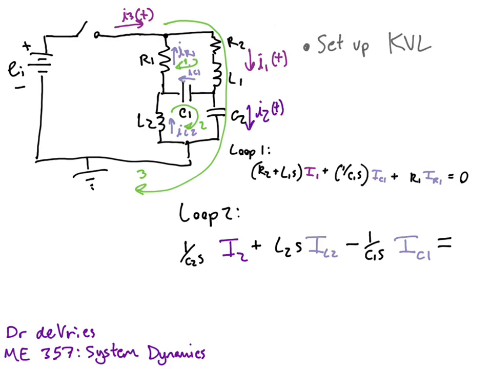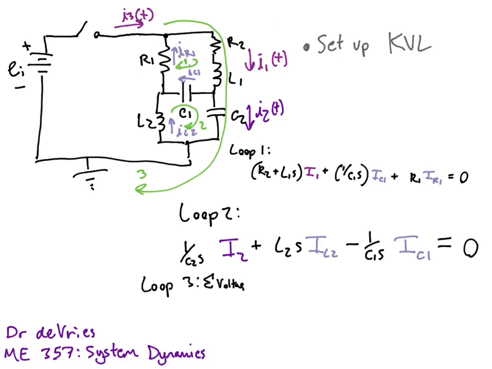And then finally, we've drawn ICL as going in the direction that opposes our loop. If it opposes our loop, we're going to draw it as negative. So we'll say minus 1 over C1S times ICL. All of these should become 0. Now, finally, we're going to do the last loop.